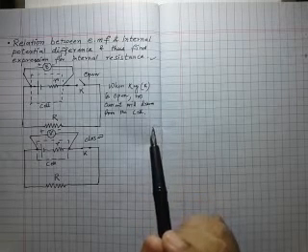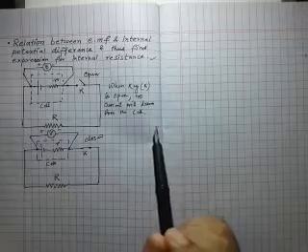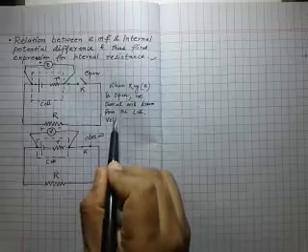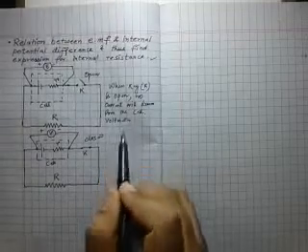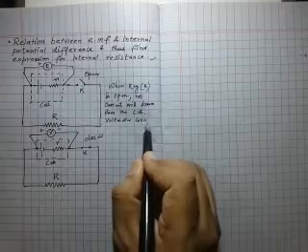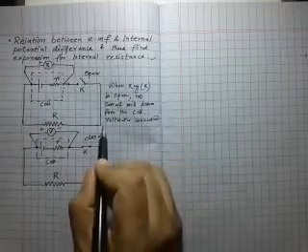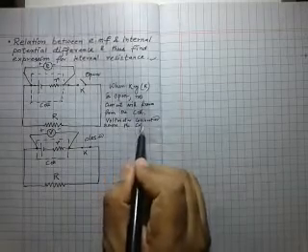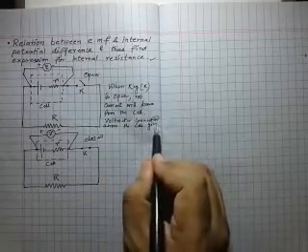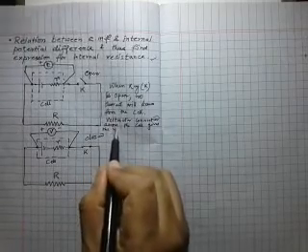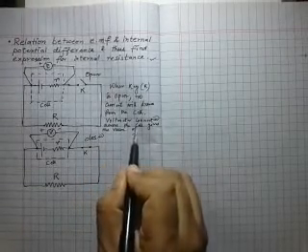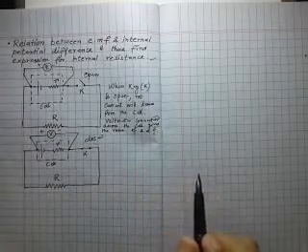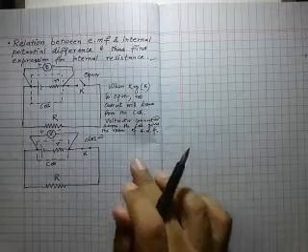So write: the voltmeter connected across the cell gives the value of EMF, electromotive force. Okay, so can you see it or not.